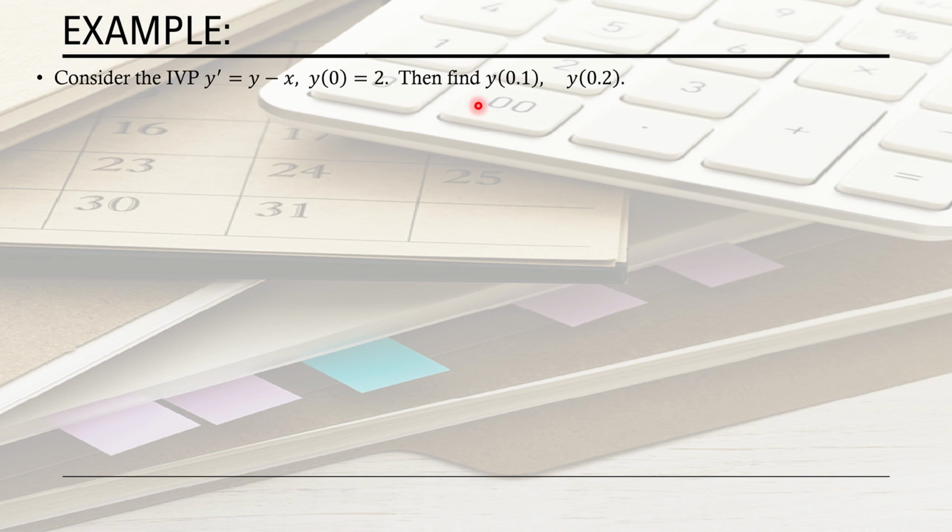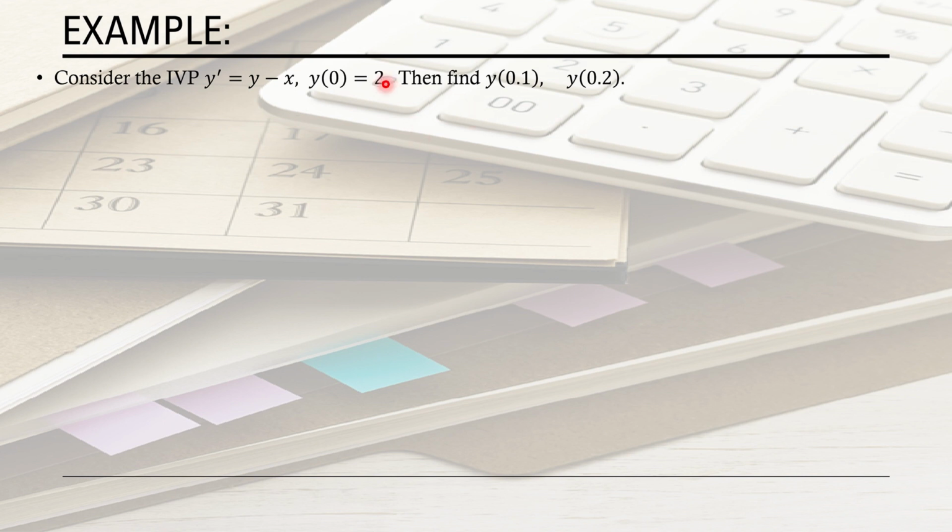It should be noted that in this case we may take h equal to 0.1, because x naught is 0, so we may take this one as x1 and corresponding y1, and this is x2 and corresponding y2 will be found. To improve the results, we may choose h to be 0.05.